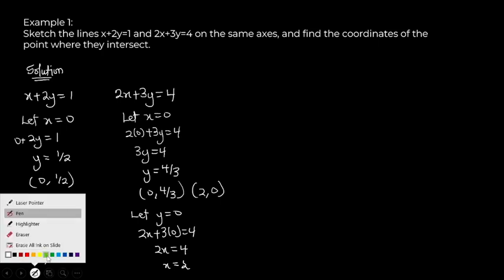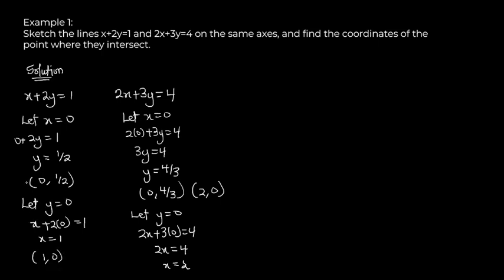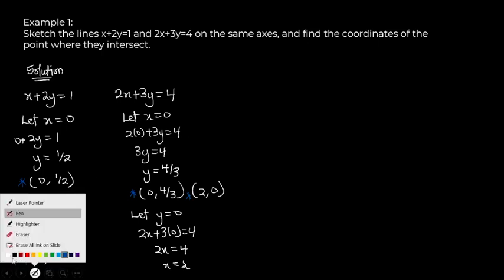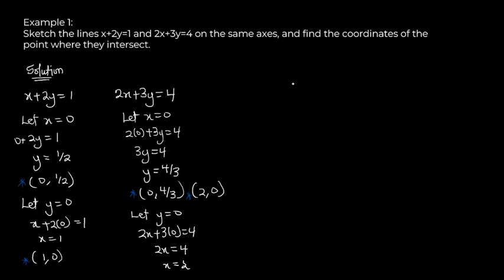Right, so let me use a different pen. So we are going to plot these coordinates to get our lines for these two equations. So let's say I draw the Cartesian plane.